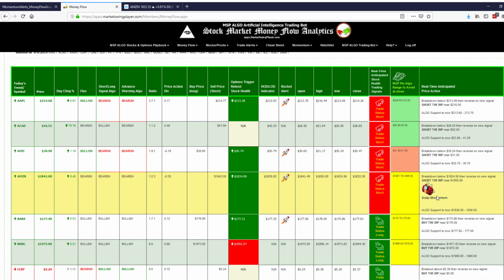So this alert worked well. Okay. Initially, MSP Algo, before the market opened, it was a short status. And then it's predicting what the future holds. Okay? Because we know time is parallel. Time is not linear.